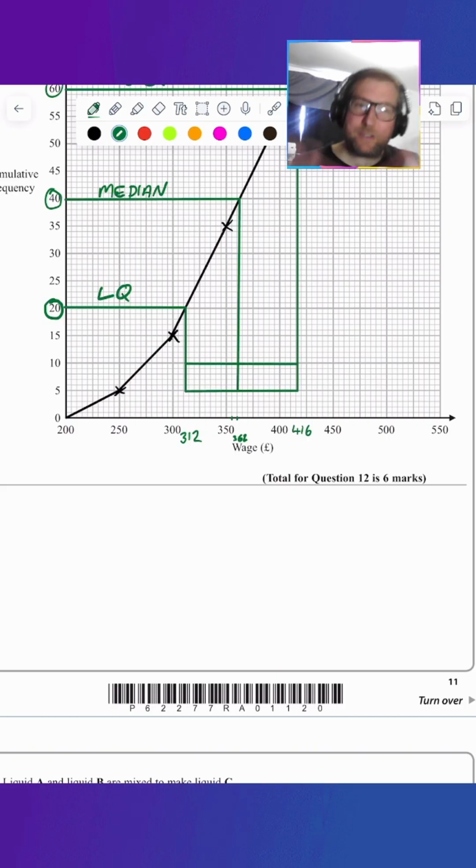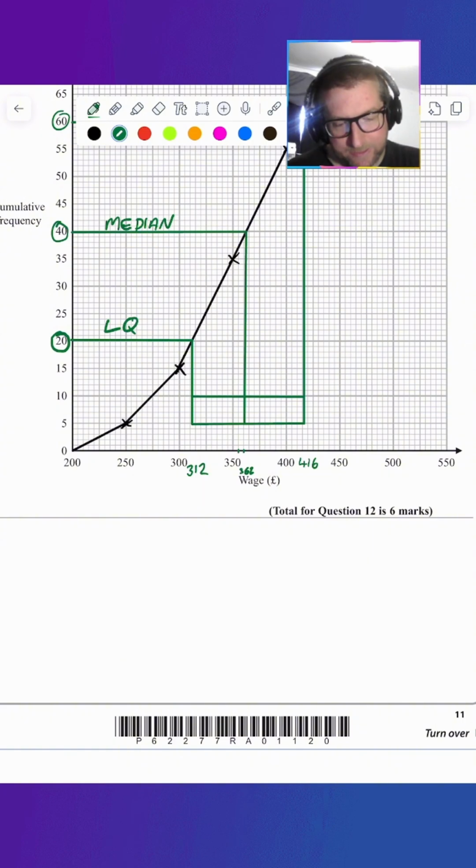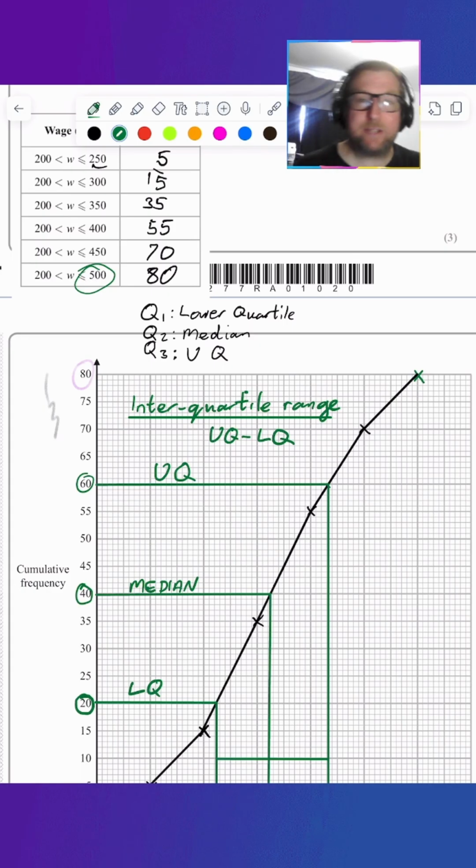So we've ignored the extremes of the data, but we still want to capture that. So we need to show what the highest value and the lowest value in the data is. Now, we don't know for sure what the highest value in the data is because we just know that 10 people have a wage between 200 and 500.